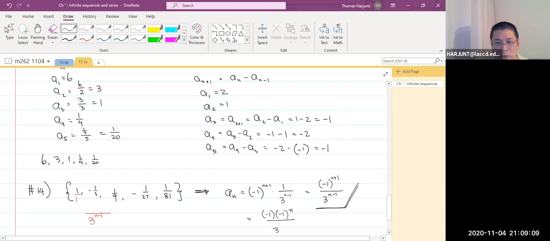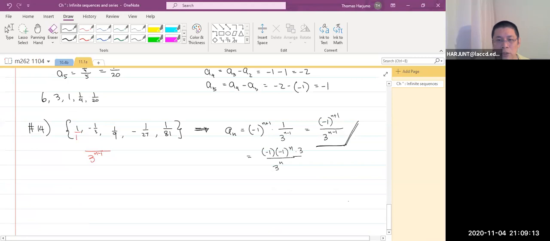This is 3 to the n times 3, right? So it is reasonable to write it this way: -3 times -1 to the n over 3 to the n. That's also okay.